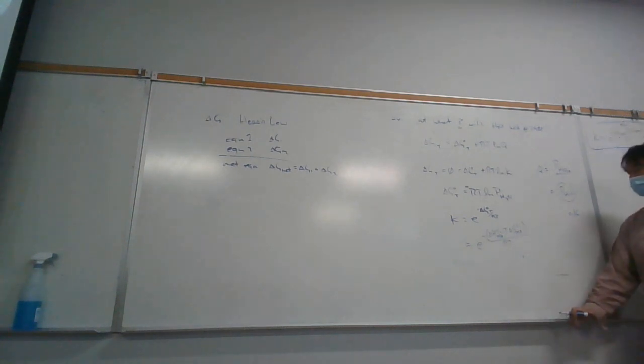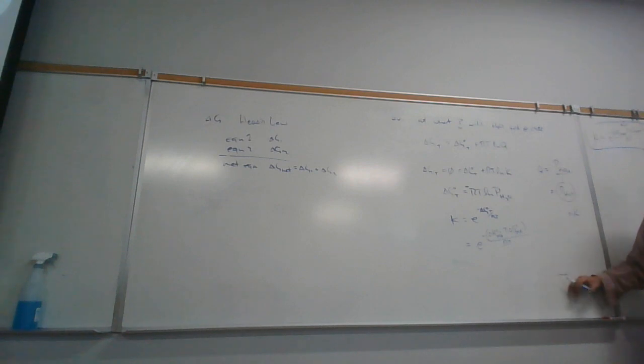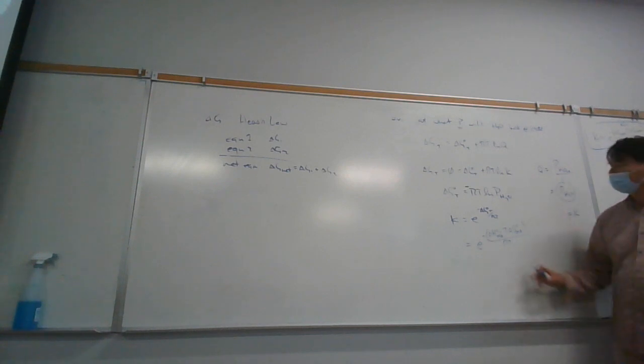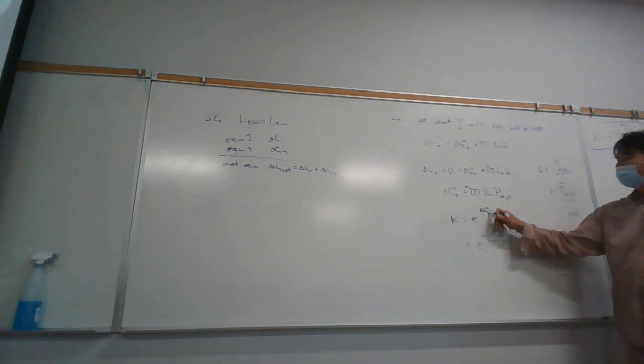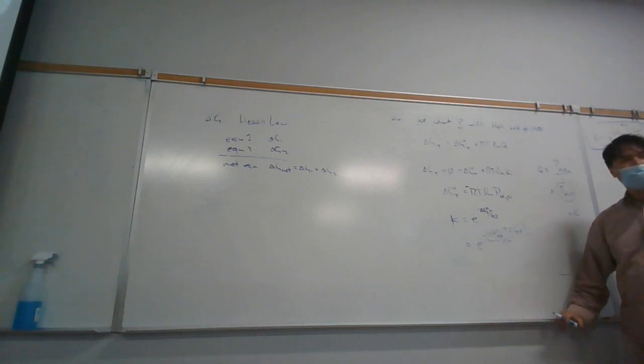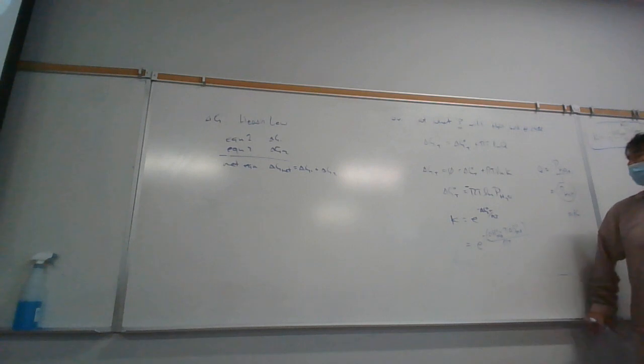You see why we had to do that? Oh, actually, wait a minute. Do we have to do that? This is delta G naught at temperature T. Do I have delta G naught at temperature T? Yes, because the temperature is at 298.